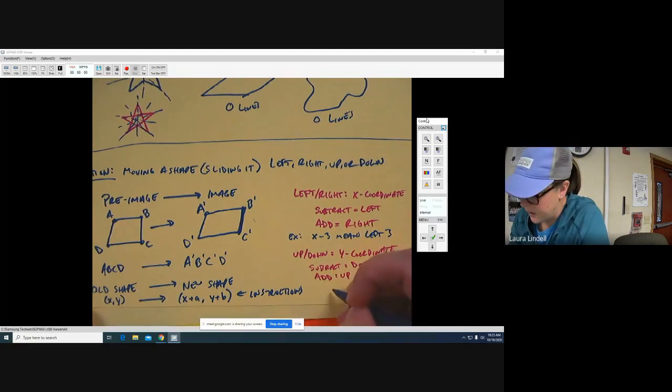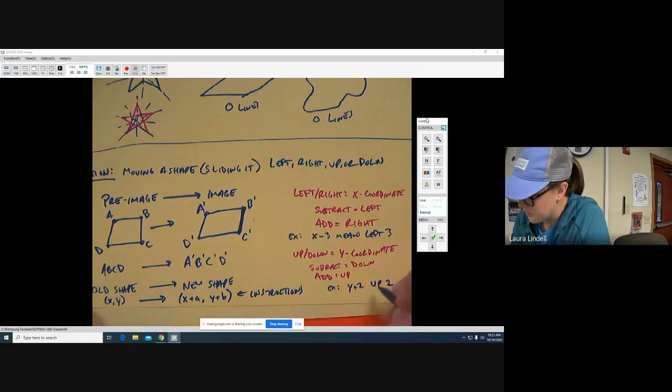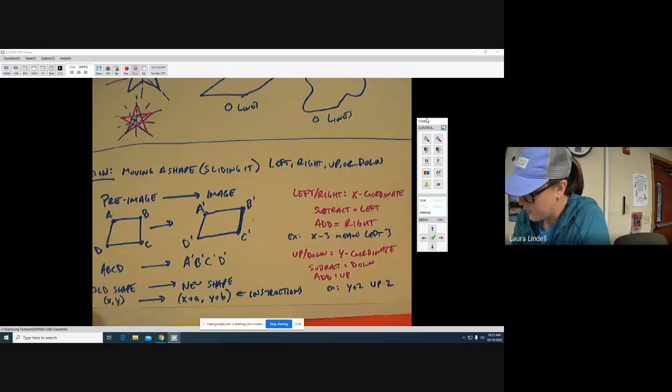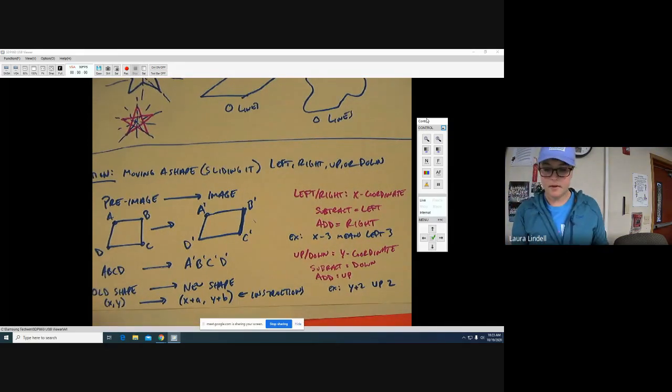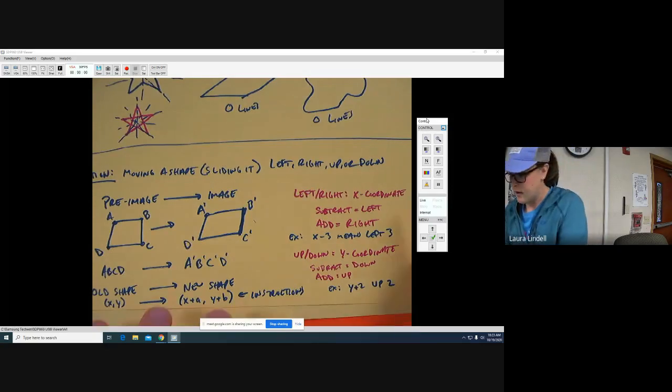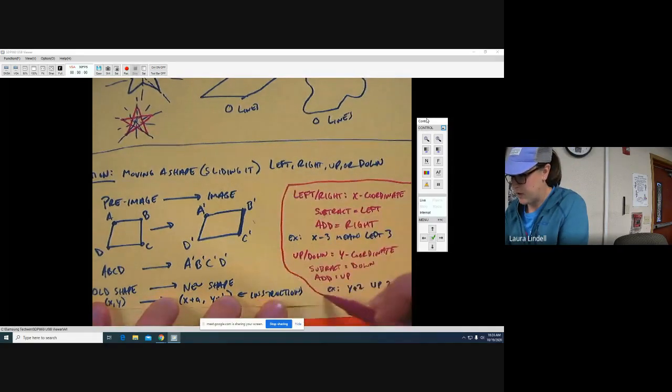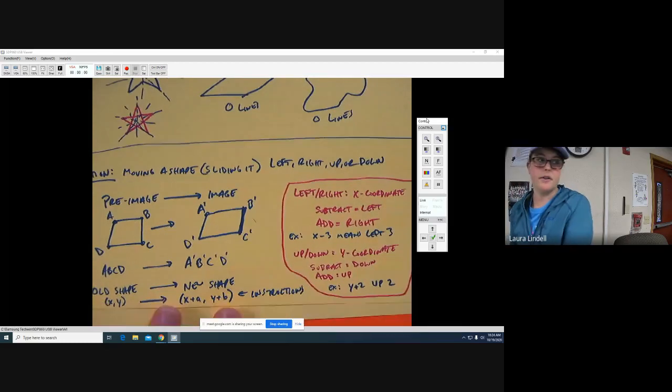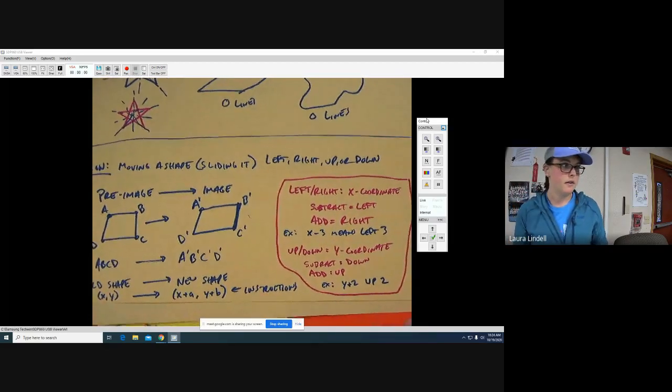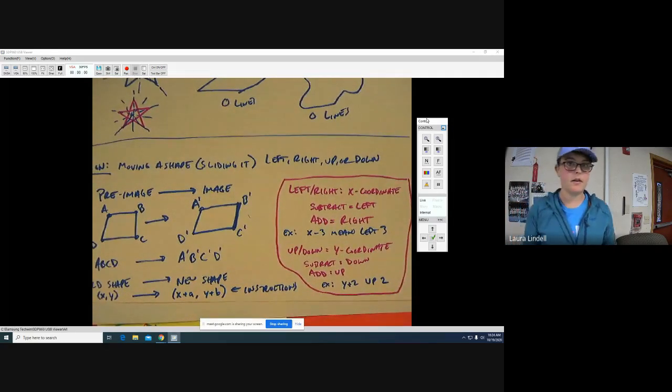So if I say y plus 2, that means up 2. So this section here is important for decoding our instructions. Give everyone a moment to catch up writing here, and we'll do an example.